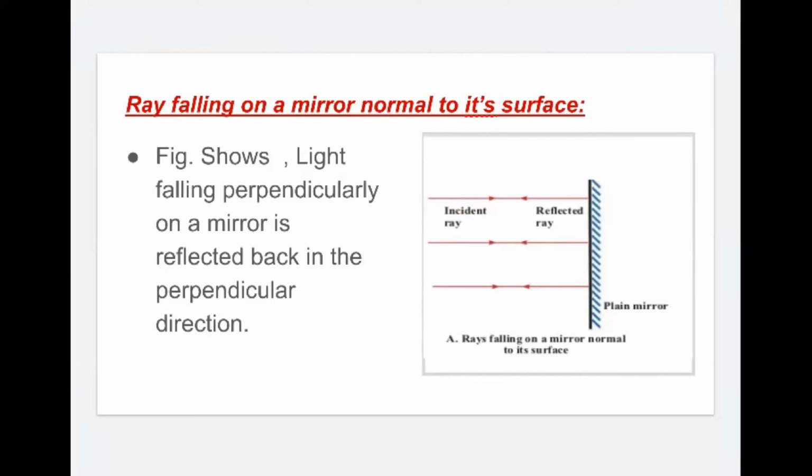This is how an image is formed when we look into the plane mirror. The reflected ray and the incident ray travel along the same path and are perpendicular to the reflecting surface of the plane mirror.